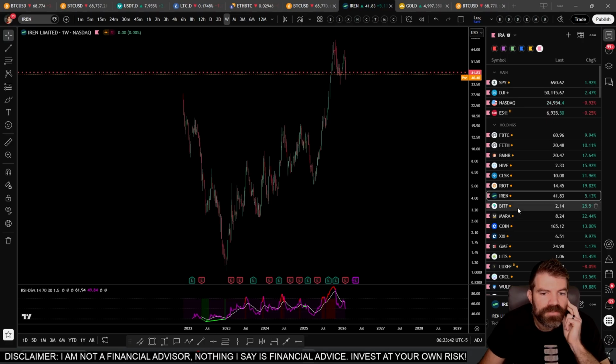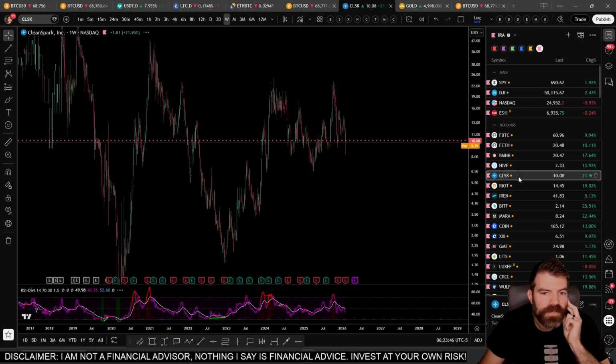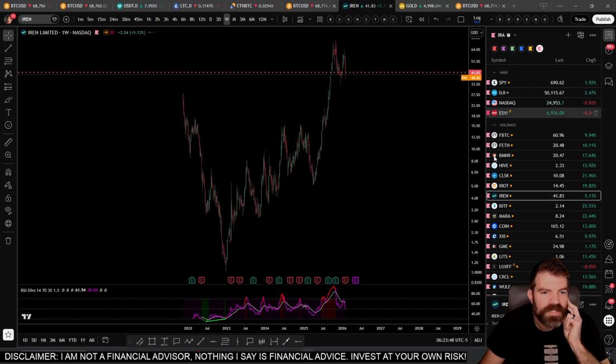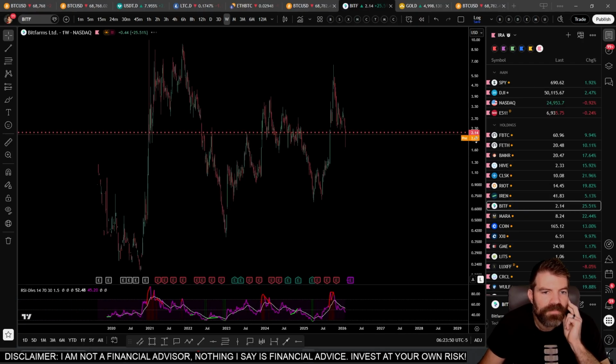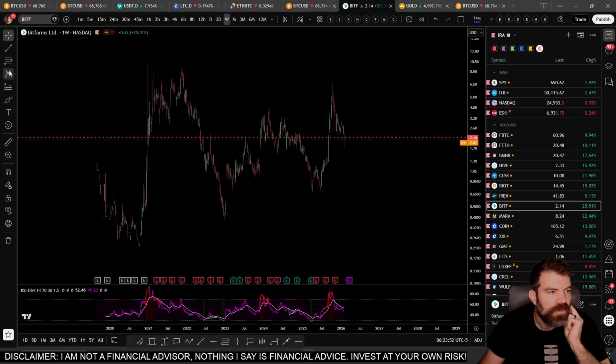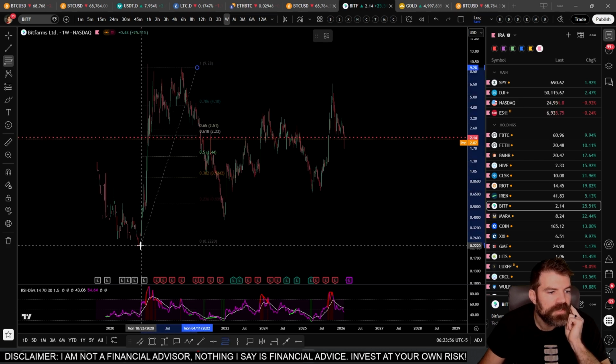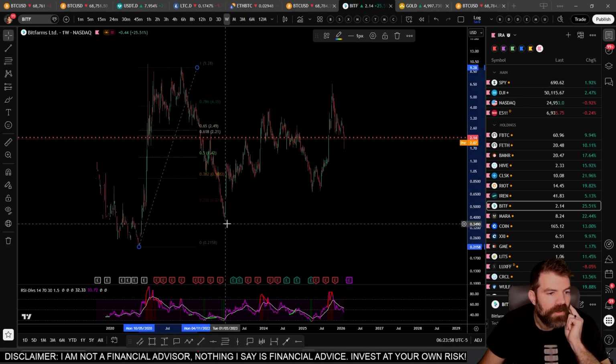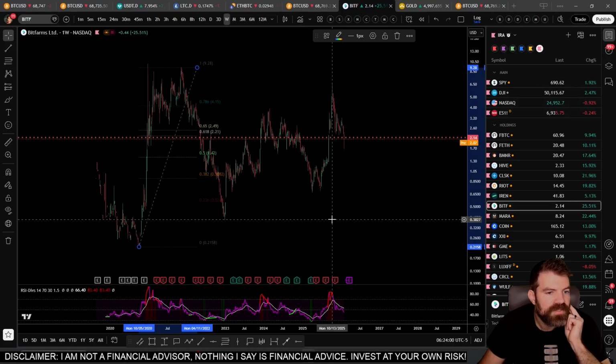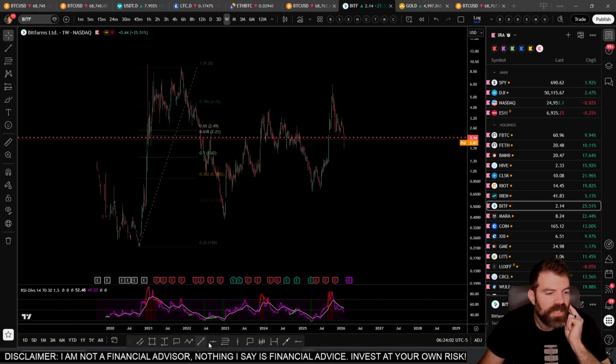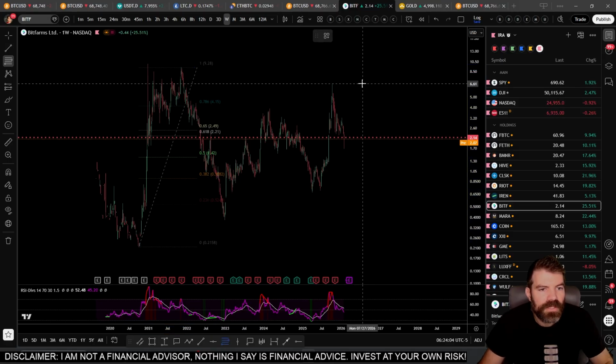Maybe it was Hive or something. Anyways, you can do some interesting things here. Like IREN, there's not a lot of data, but Bitfarms has some decent data. So on the log chart, you can go fib retracement from the top to the bottom, and we came all the way back down to this 0.236. So maybe this time, if we do it again, oh, is this the right one? I've got to check.